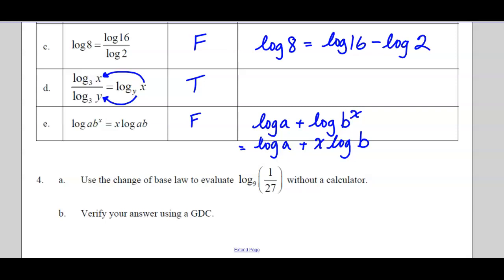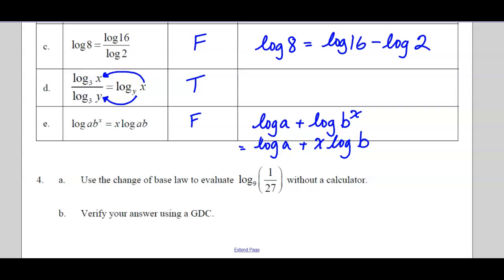In any case, to evaluate this, I can't express 27 with a base of 9, but I could express both with a base of 3. So that is what I'd want to change my base to. I know the answer is going to be negative, because this is greater than 1 and this is a fraction.